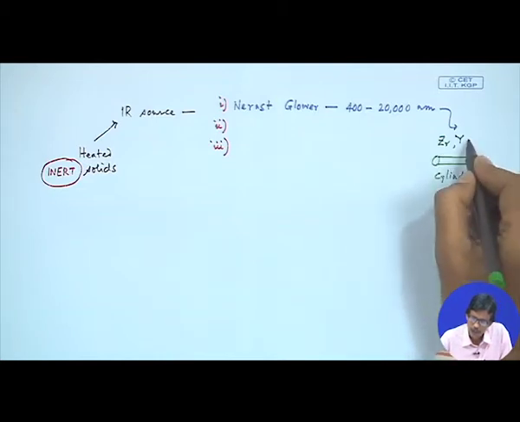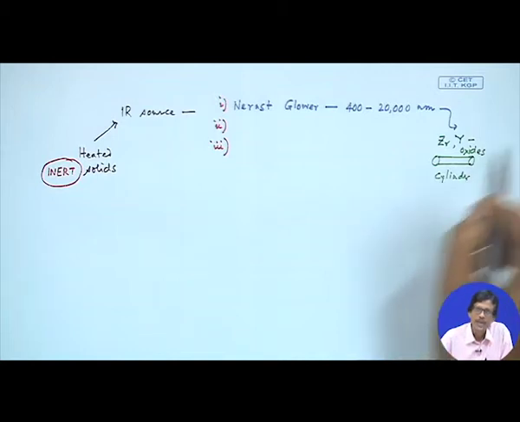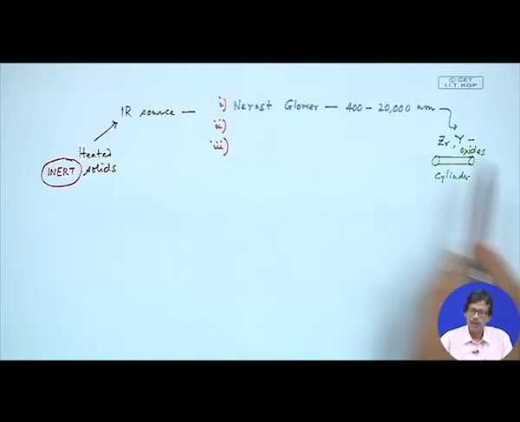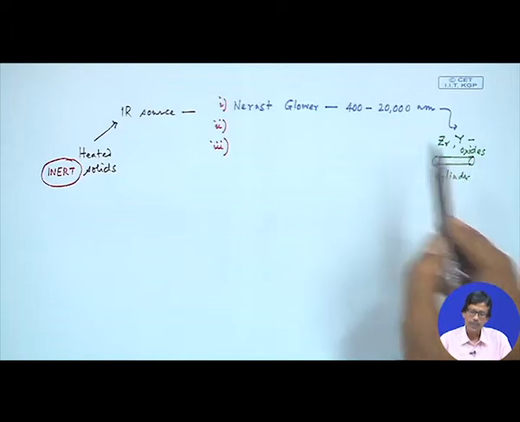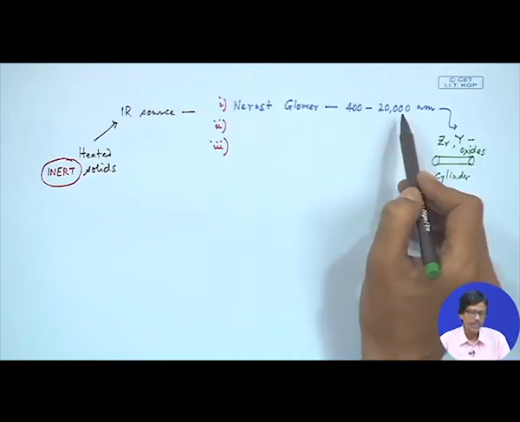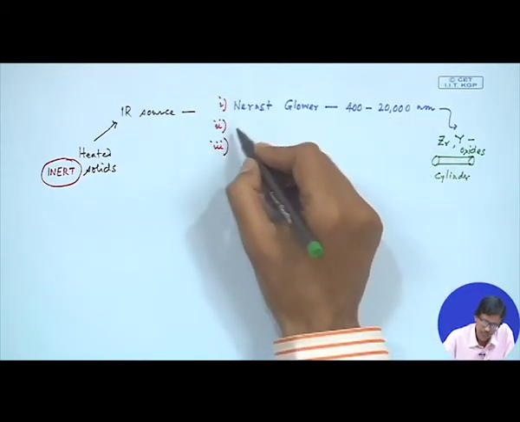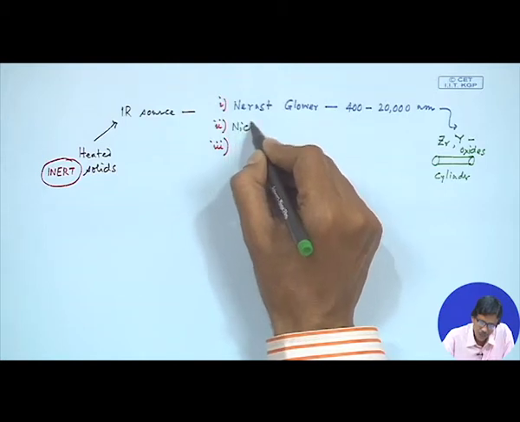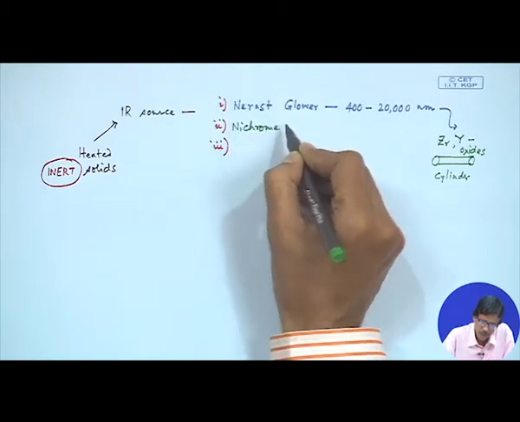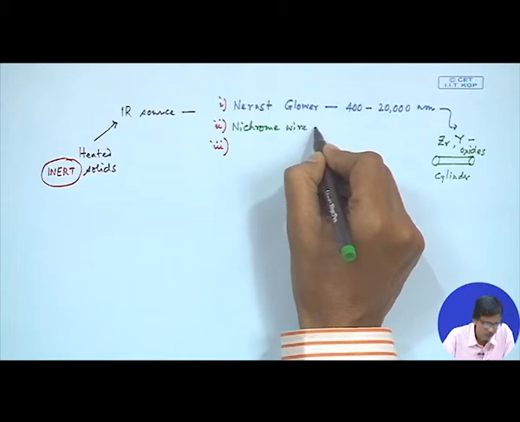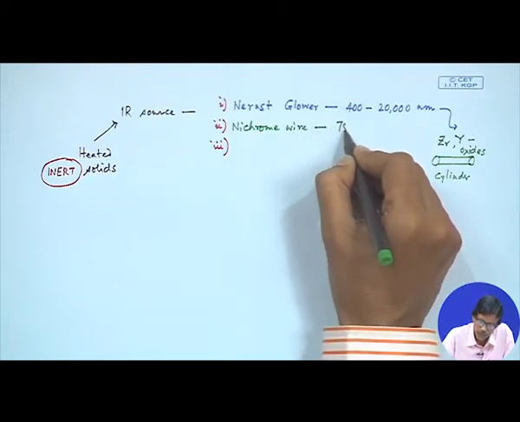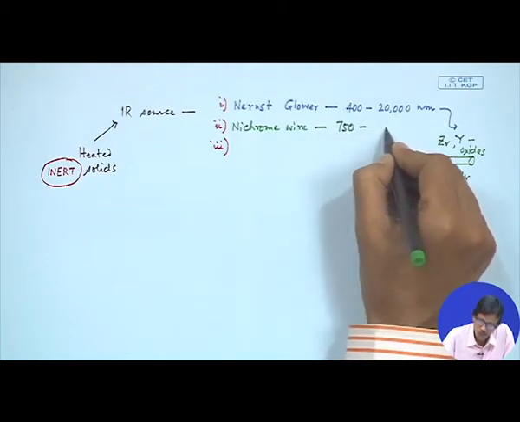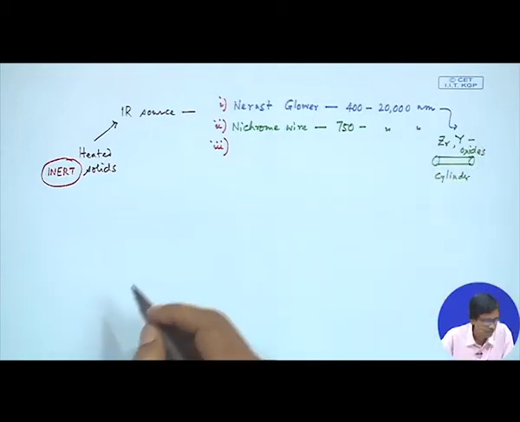So, a cylinder of zirconium and yttrium oxides can give rise to that particular glow bar, and when we heat it up, it can give rise to the corresponding radiation in this particular range. Then the simple nichrome wire, we know, can also be useful in the range of 750 to 20,000 nanometer.